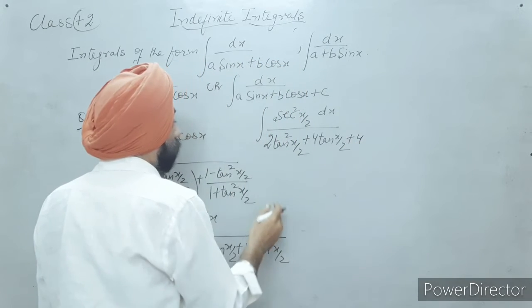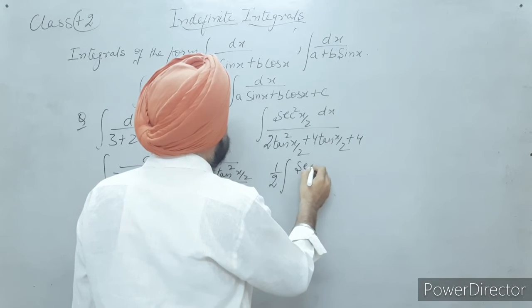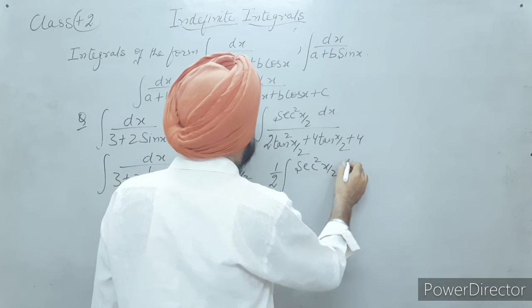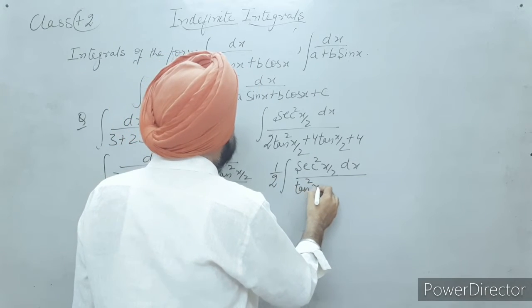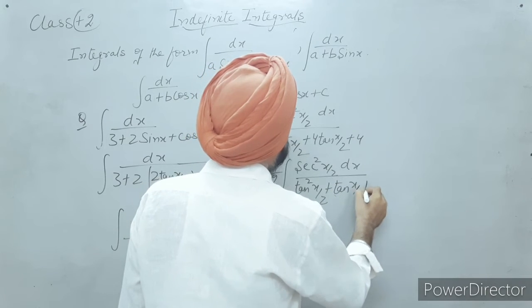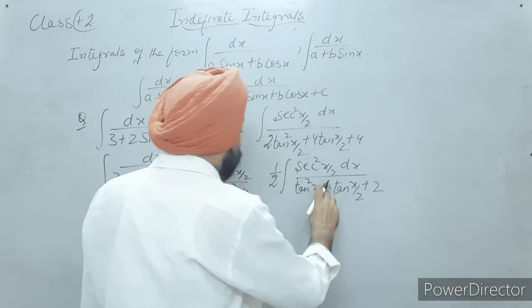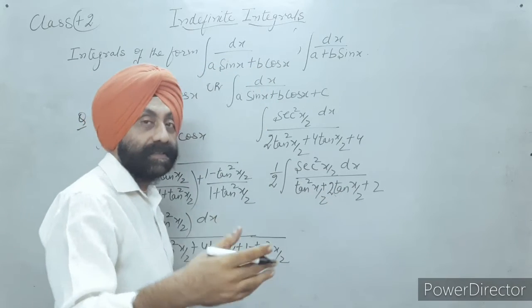Just take out 2 common from here. 1 by 2 I have taken out. Secant square x by 2 dx divided by tan square x by 2 plus tan x by 2 and plus 2. Here also 2 will be there because I have taken 2 common. Now the method is same.